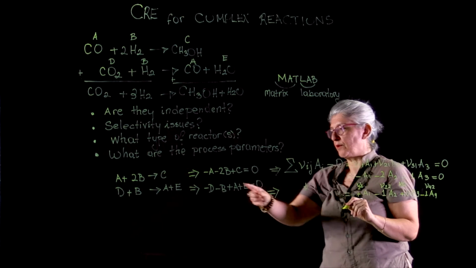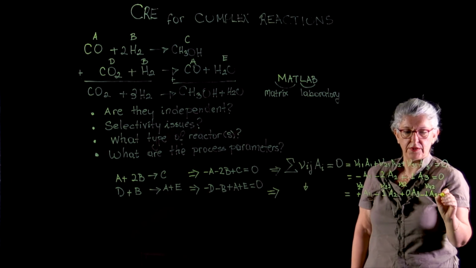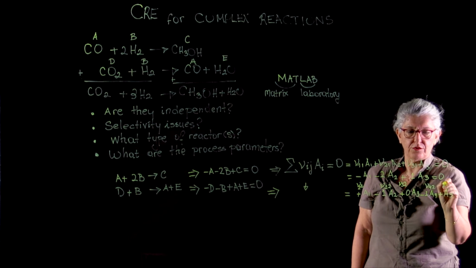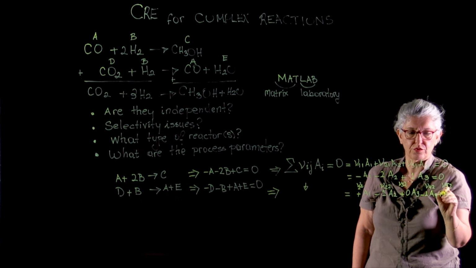Our fifth component is E, plus 1, A5, nu 5 2. Nu 5 2 is equal to 0.